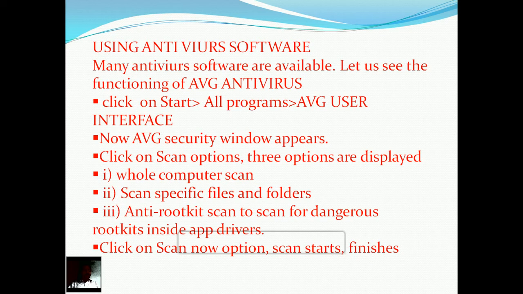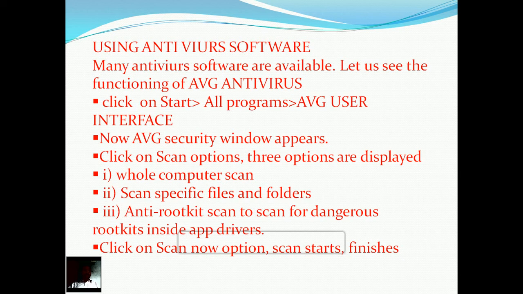And the third one is anti-rootkit scan. It is to scan for dangerous rootkits inside the drivers. While we are downloading files, apps or applications from the internet, in those apps or files there can be some hidden dangerous virus called a rootkit.